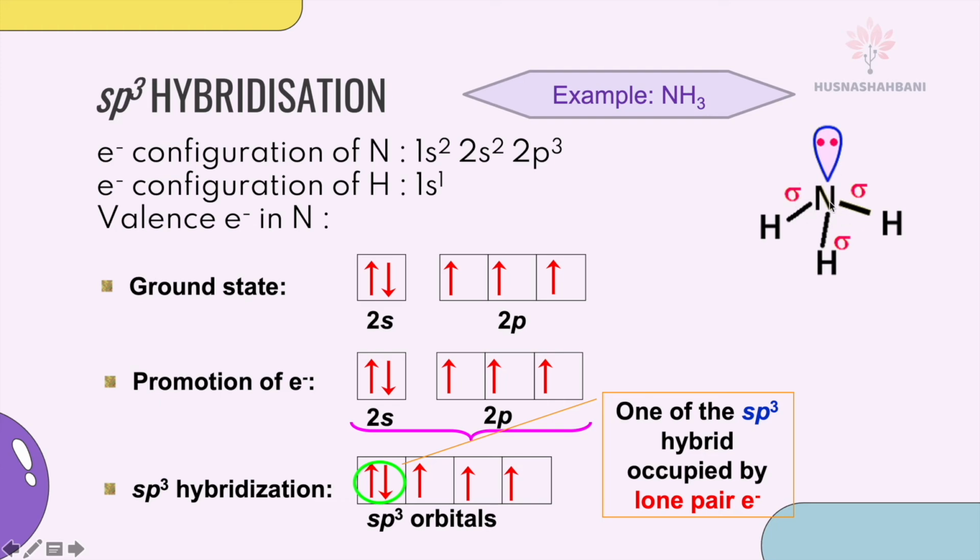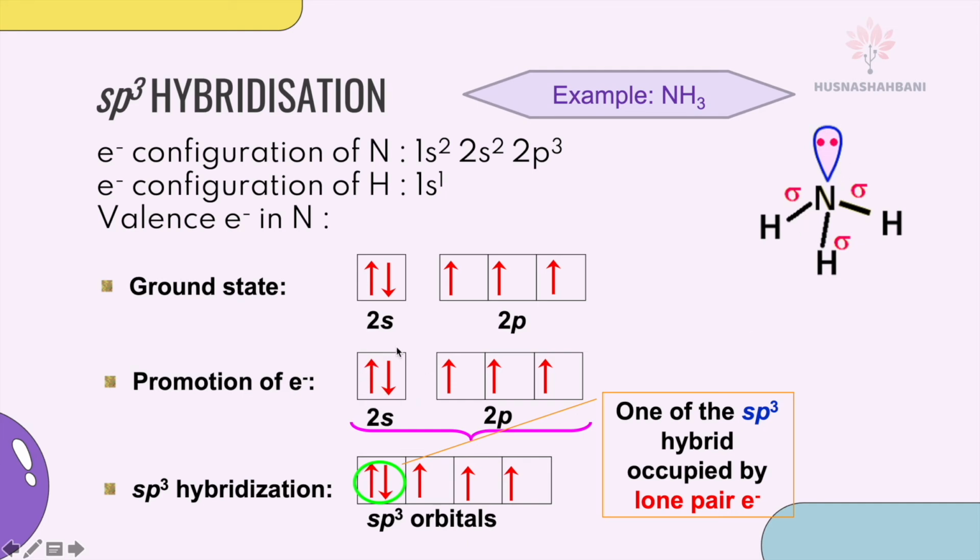And note that this N has 1 lone pair. This means in promotion of electrons, it requires 1 pair of electrons and 3 unpaired electrons. If you look at the ground state, there is 1 pair of electrons and 3 unpaired electrons. So it's just the same: the ground state and promotion of electrons are the same because it requires 3 unpaired and 1 lone pair.